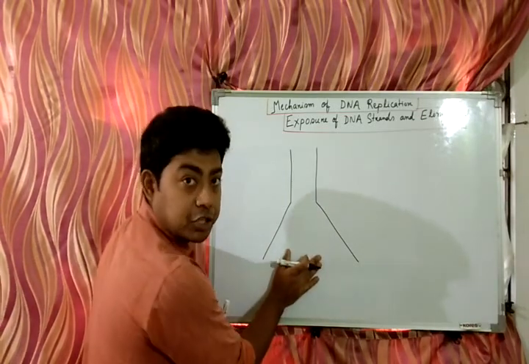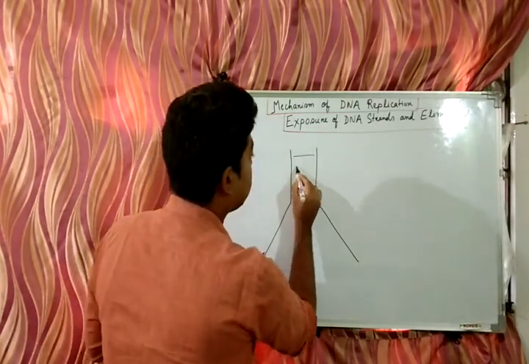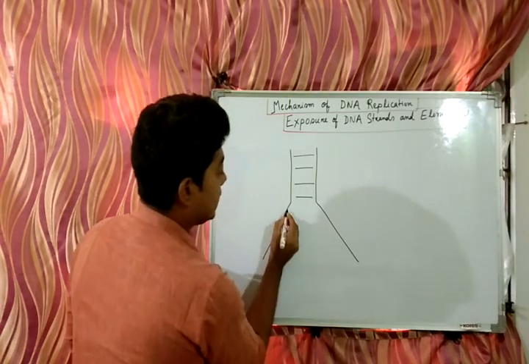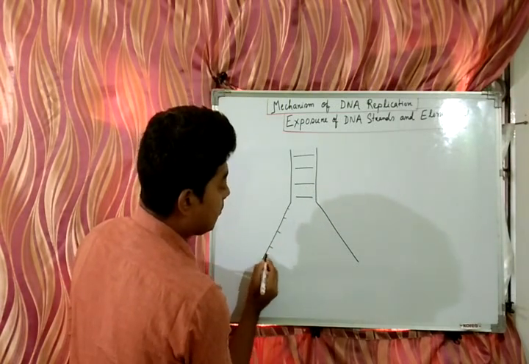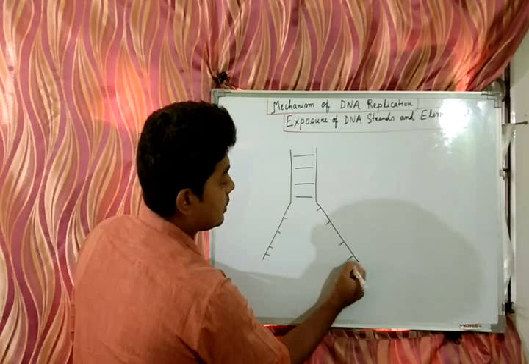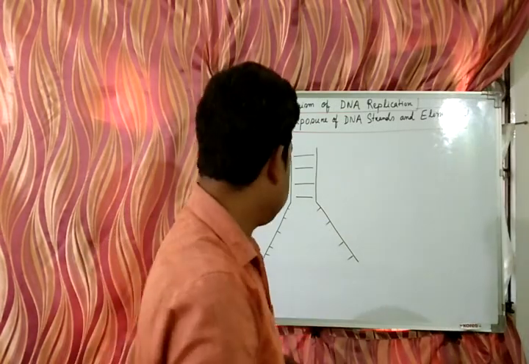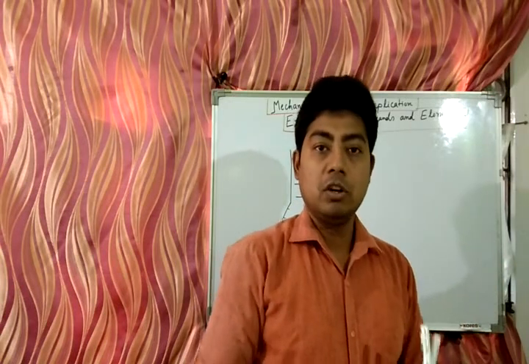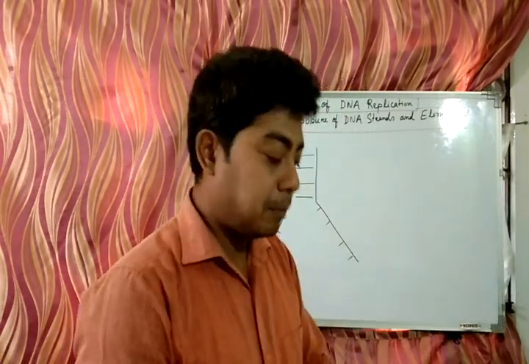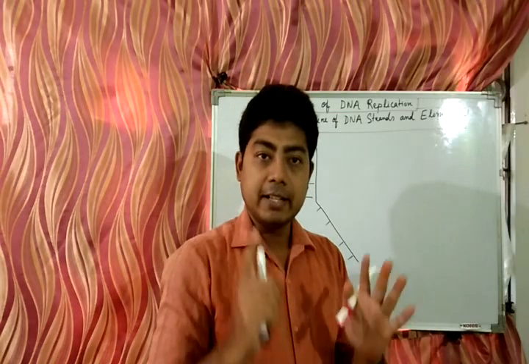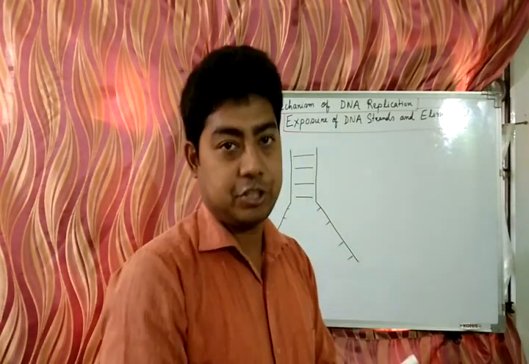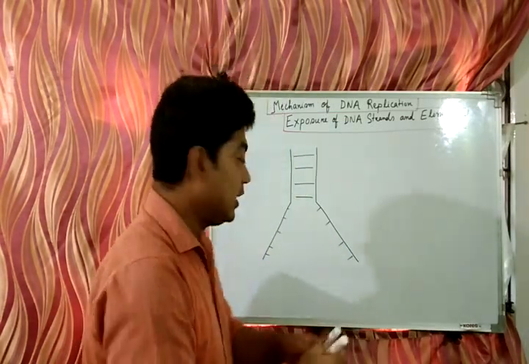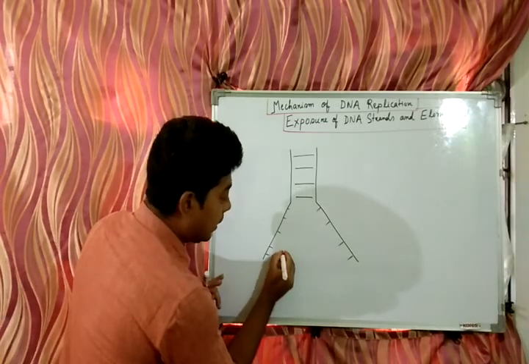That means that is the replication fork part, and here the hydrogen bonds break down with the help of these enzymes. Now, as I already told, DNA polymerase plays an important role in this replication process, but DNA polymerase needs a short segment of nucleotides. This is called a primer.